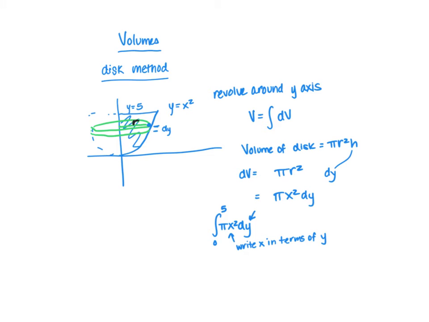That's how I'm going to find that volume. So the general idea is pi r squared times the thickness of the disk. It's a matter of figuring out how to write the radius in terms of my shapes, and then doing the integration.